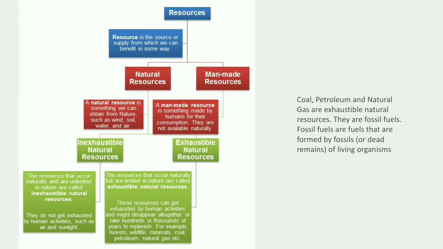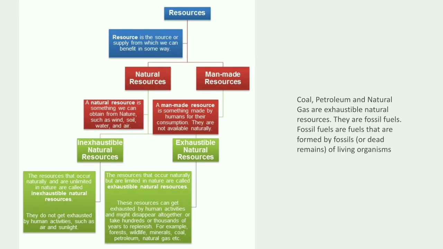These resources can get exhausted by human activities and might disappear altogether or take hundreds or thousands of years to regenerate again. For example, forest, wildlife, mineral, coal, petroleum, natural gas, etc. So, all of these things, they are exhaustible.